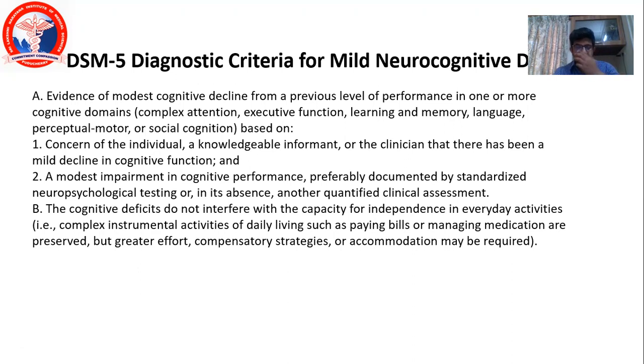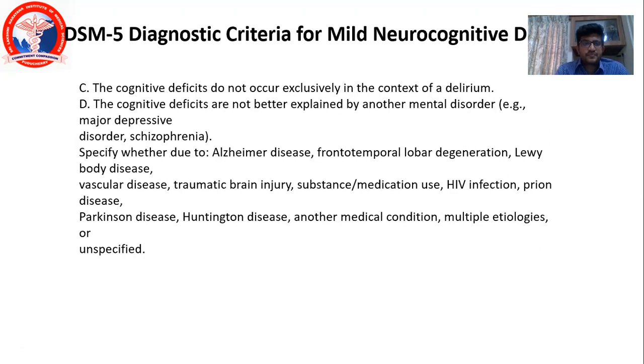When it does not interfere with the capacity for independence in everyday activities, then we can term it MCI, mild neurocognitive disorder. The other things are the same as in Alzheimer's disease.